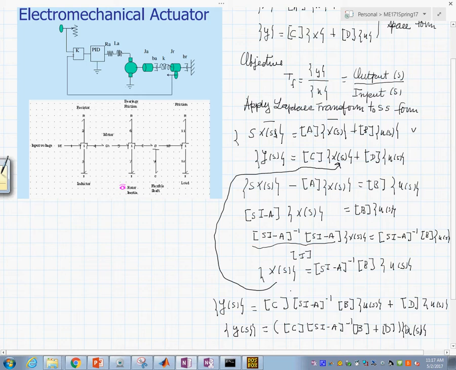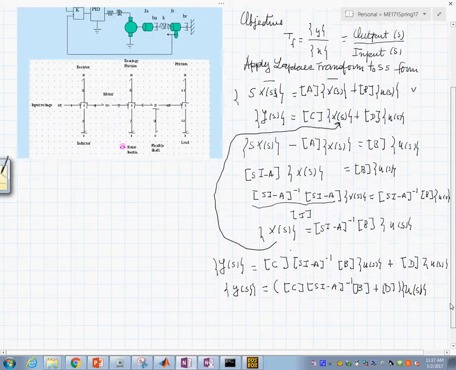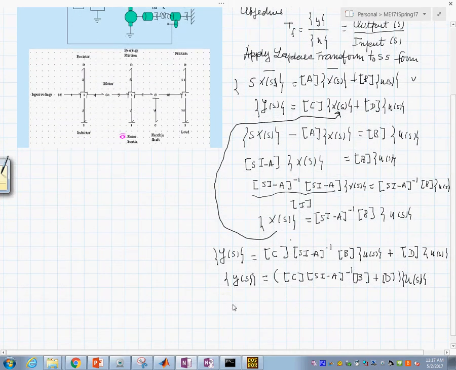So what am I getting with this whole thing? Isn't it true that from here we could just write that Y of s in relationship to the U of s is going to be the matrix C times (sI minus A) inverse times B plus D.